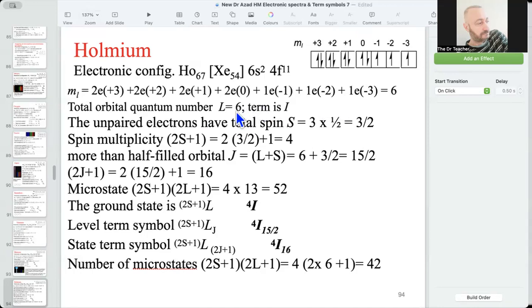So what is the term of 6? You remember the terms we started with.